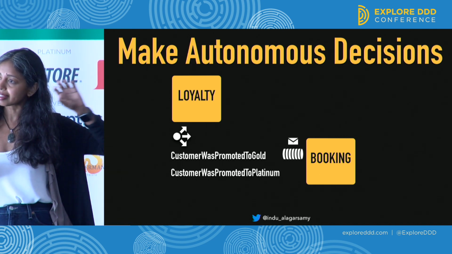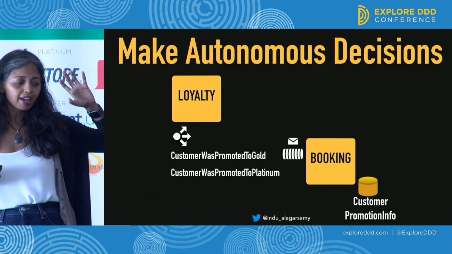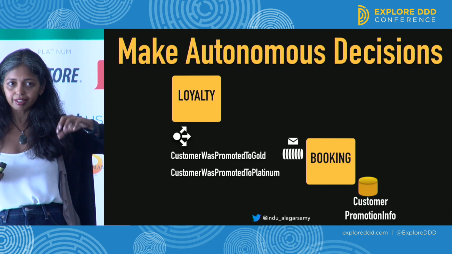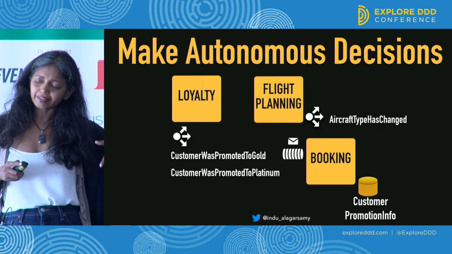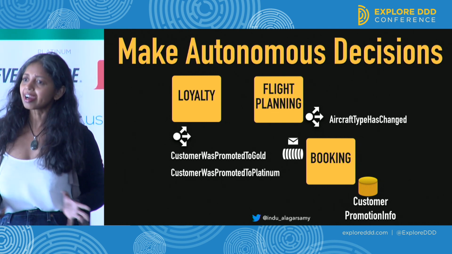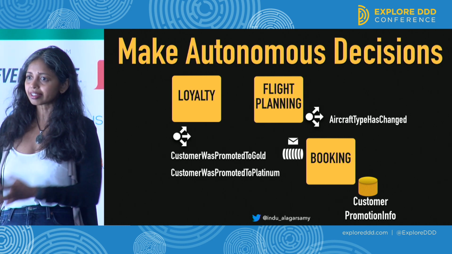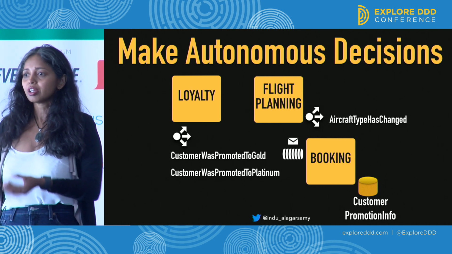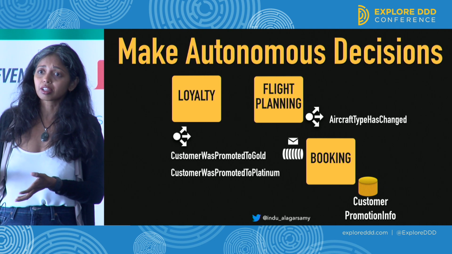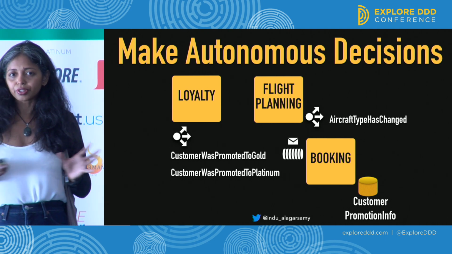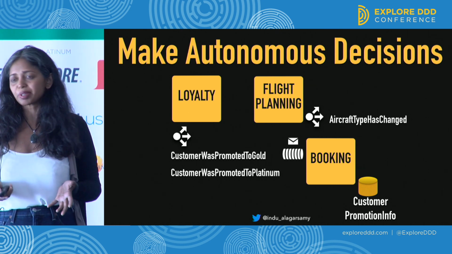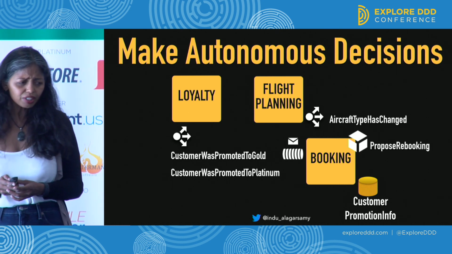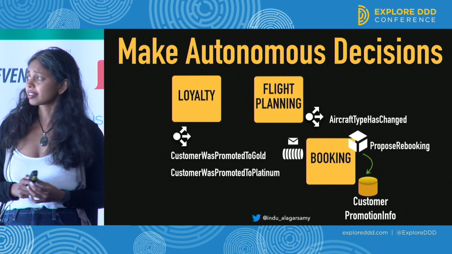Now booking context can simply listen to those events and keep track of that internally, and when it receives the aircraft type was changed, it already has data in its own context to make decisions on whether to send an email or not. So you can use publish subscribe as a way to make autonomous decisions.